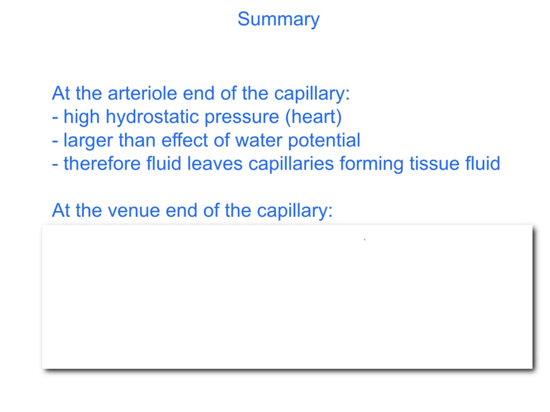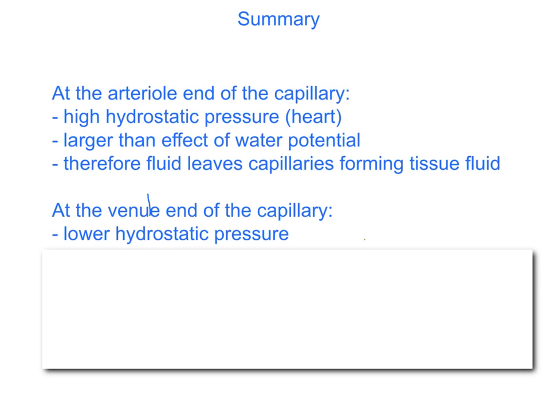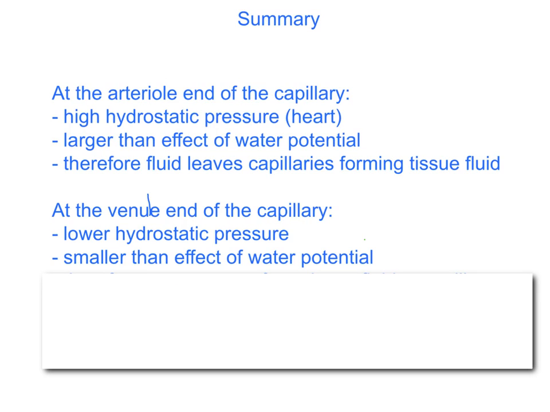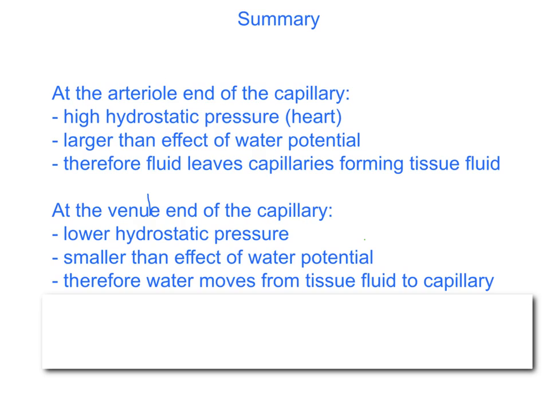Whereas at the venule end of the capillary, there is a lower hydrostatic pressure because the vessels are further from the heart and the venules and veins have a much larger lumen. This means that there's a smaller effect of hydrostatic pressure compared with the effect of water potential, and therefore the water moves from the tissue fluid back into the capillary, carrying carbon dioxide with it.